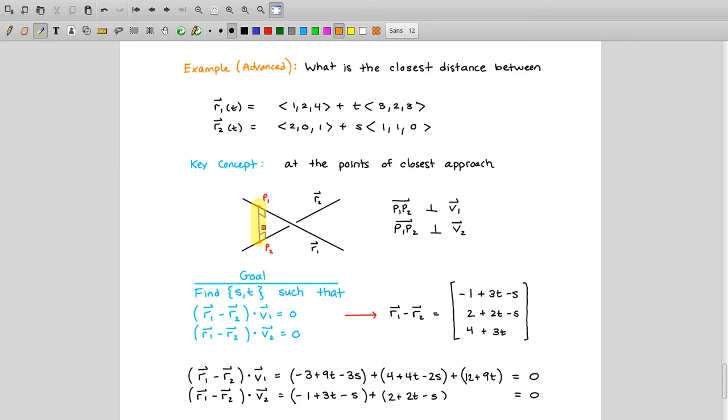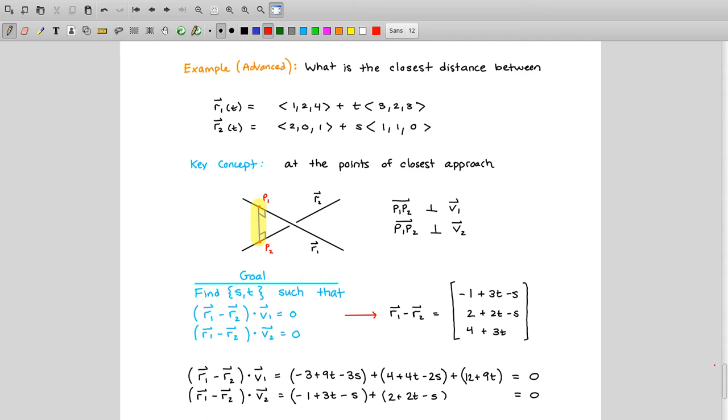distance. So we don't know what these 2 points are, these P1 and P2 points. But we know that wherever they are, the line segment P1, P2 is perpendicular to both V1 and V2. That might tempt you to take a cross product, and a cross product will certainly give you the direction of P1, P2, but it doesn't help you find the point of intersection.